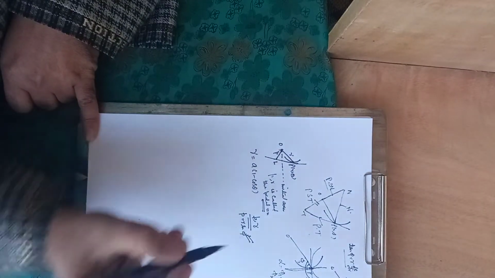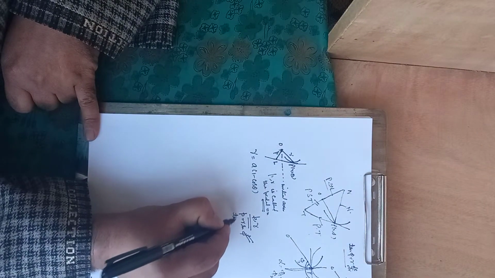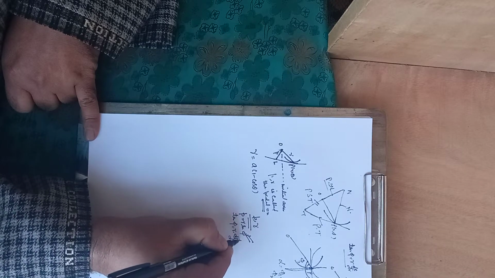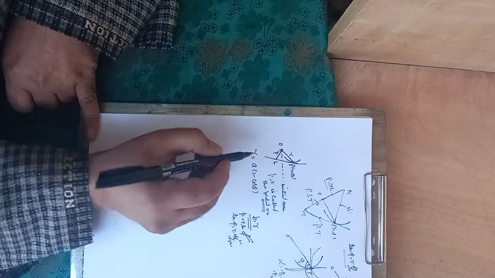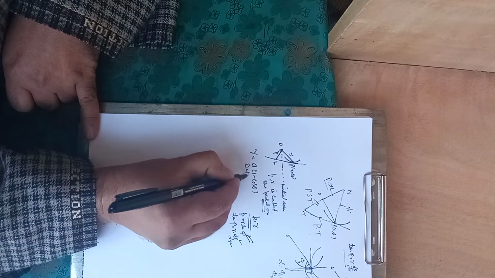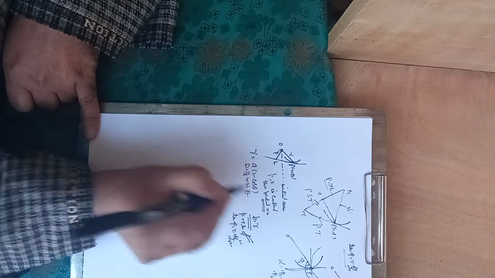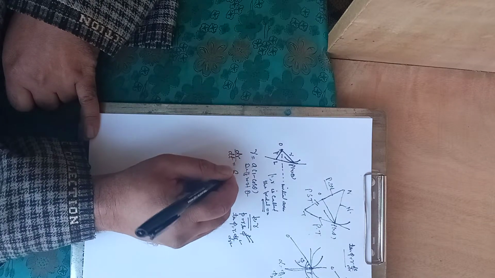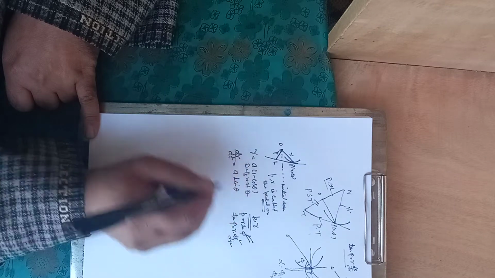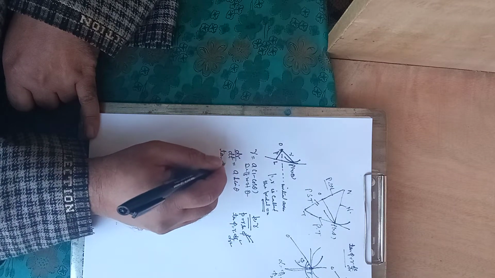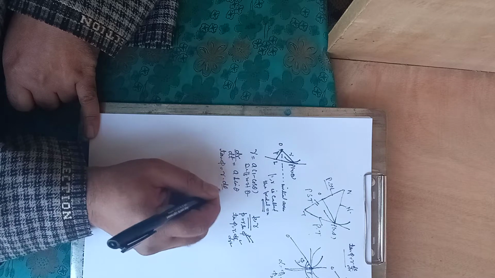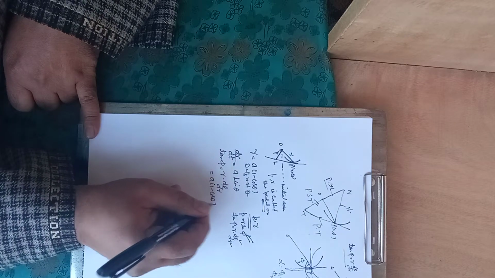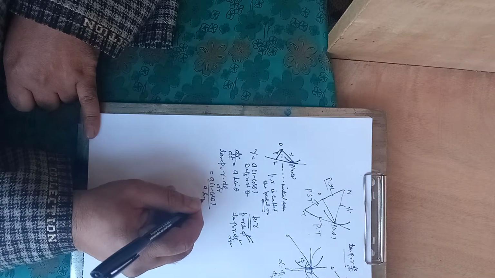So you need to know tan phi, r d theta by dr. So you have to find d theta by dr or dr by d theta. Let me differentiate this with respect to theta. I will get dr by d theta equal a sine theta. So tan phi, r d theta by dr, is a(1 minus cos theta) upon a sine theta.